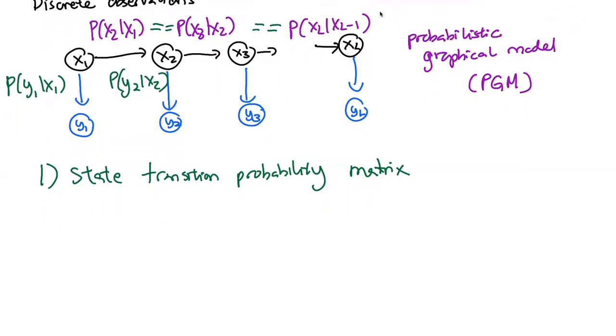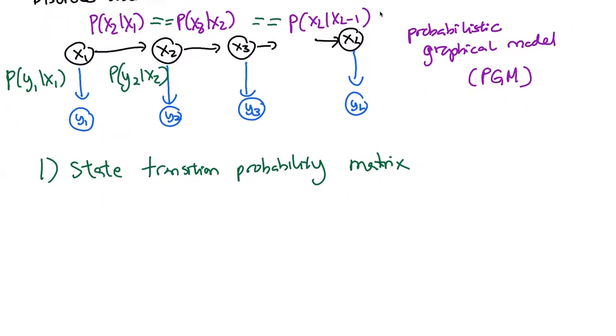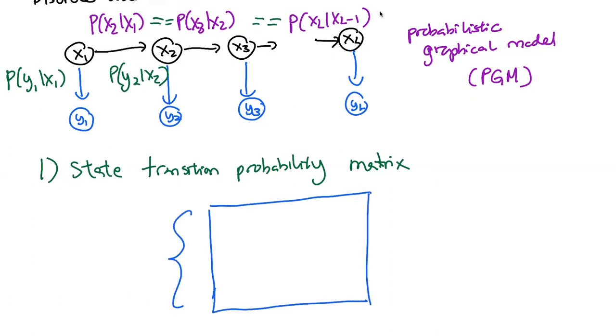So the state transition probability is a matrix. So what determines the dimensionality of this matrix? How many dimensions your state has? Right.